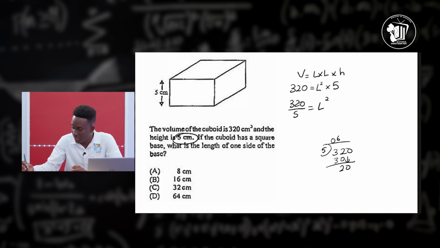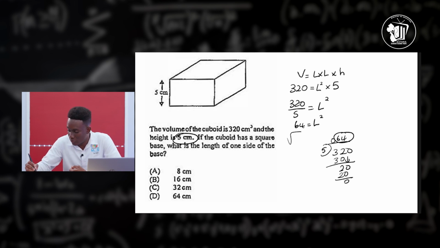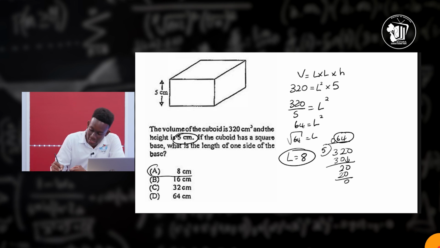So 5 into 20 will be 4. So 5 times 4 is 20. So we have 0. So when we divide this, we have 64. So 64 is equal to length squared. So to find the length, we just take the square root. So the square root of 64 is equal to the length. So the length would be equal to 8. So length is equal to 8 cm, which is simply A.